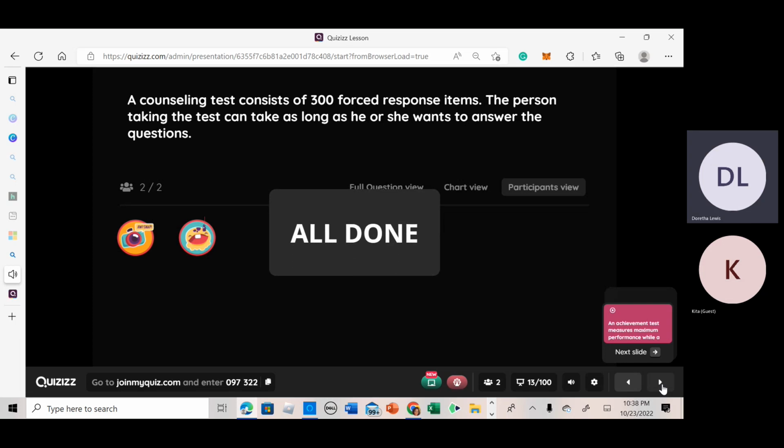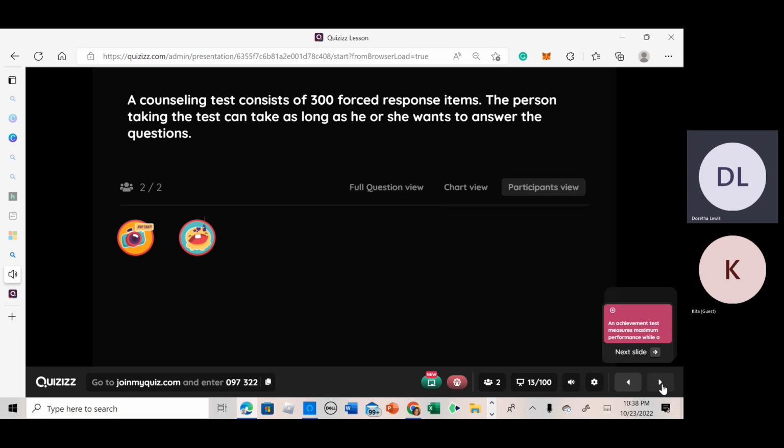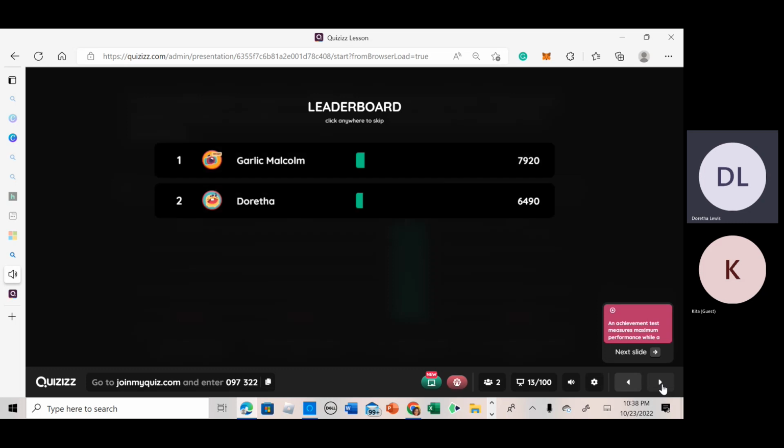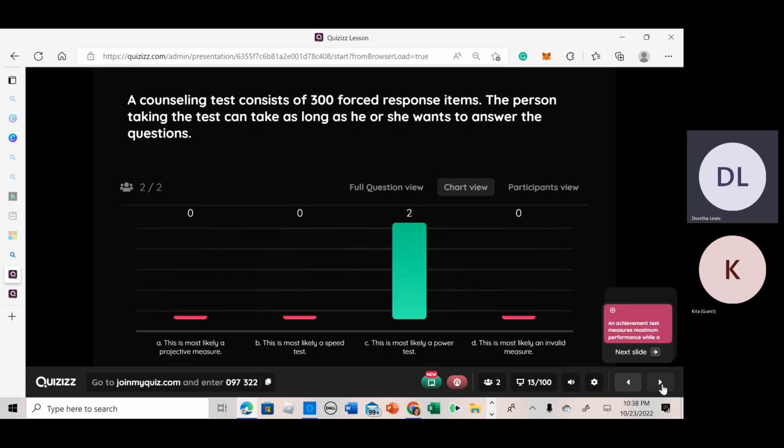A counseling test consists of 300 forced response items. The person taking the test can take as long as he or she wants to answer the questions. Correct answer C. This is most likely a power test.